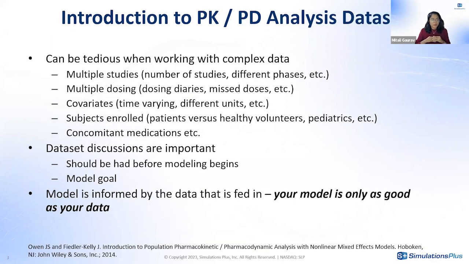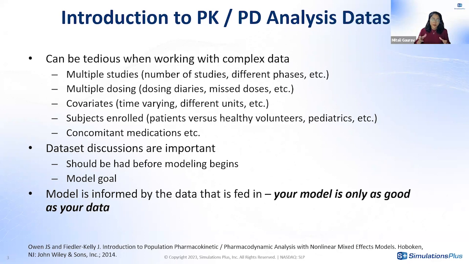So, as you can imagine, when you have a lot of data to work with, creating a data set where you can perform these analyses can be a very tedious task, especially when you have different scenarios to deal with. An example of complex data is when you have multiple studies. This can be numerous studies or different phases.